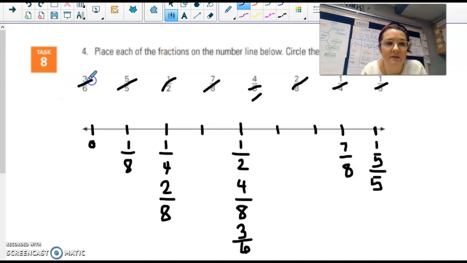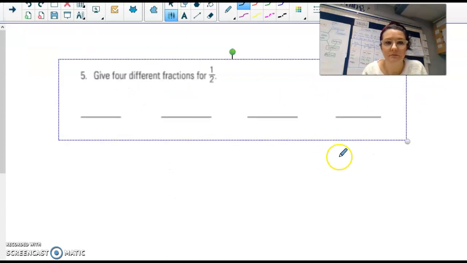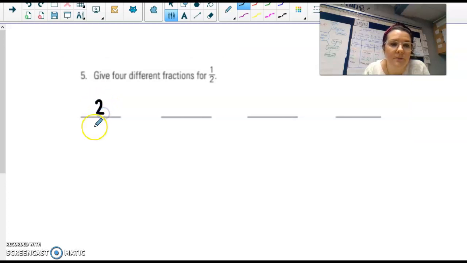All right, let's go to number 5. It says give 4 different fractions for 1/2. Well, we have been doing that all along and talking about why those fractions are equivalent to 1/2. So let's see, we had 2/4, 3/6.